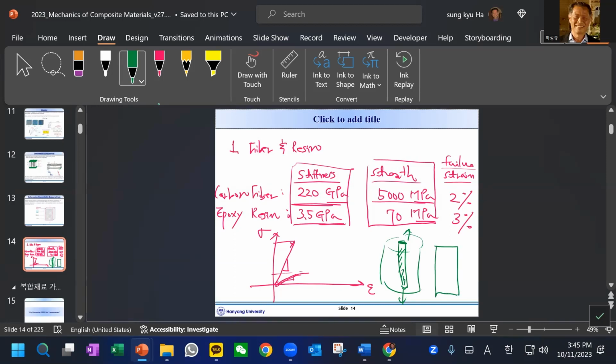So just the cross section, this is a fiber, but keep that in mind. It deforms together this much.